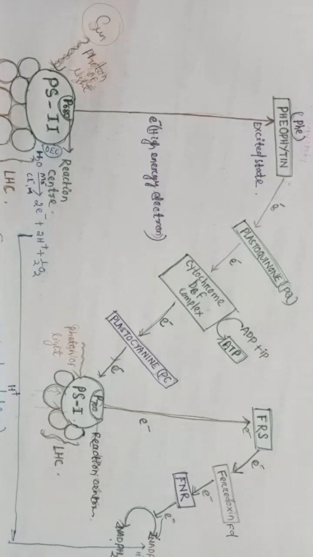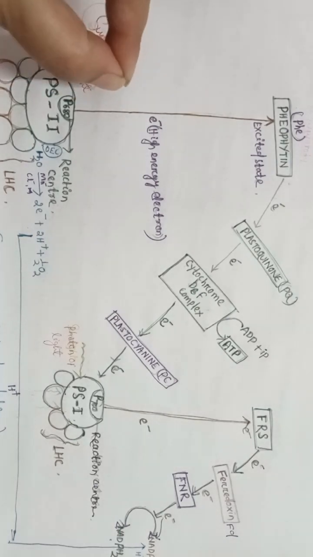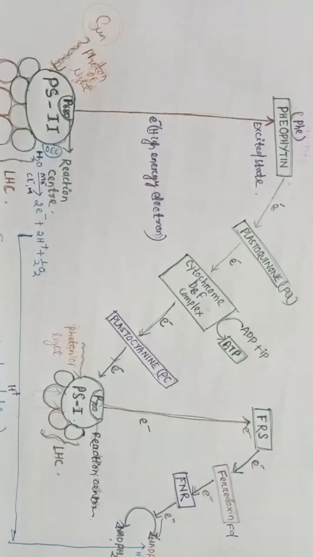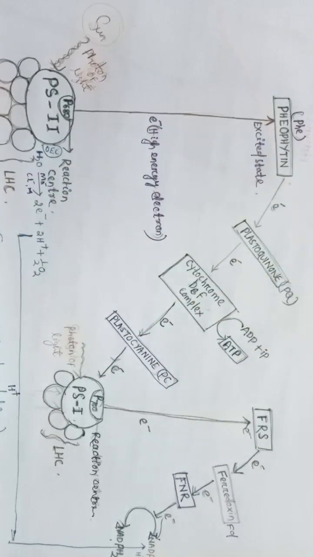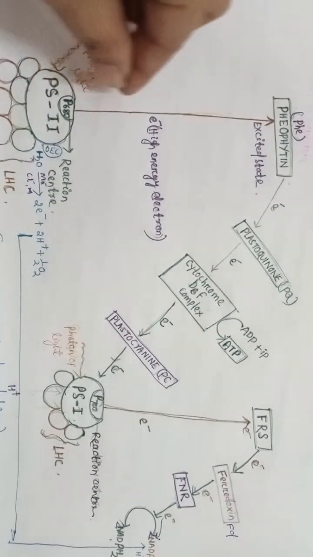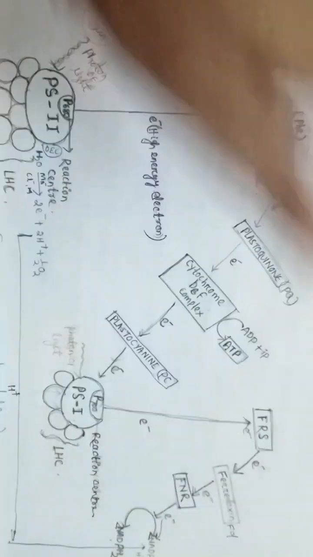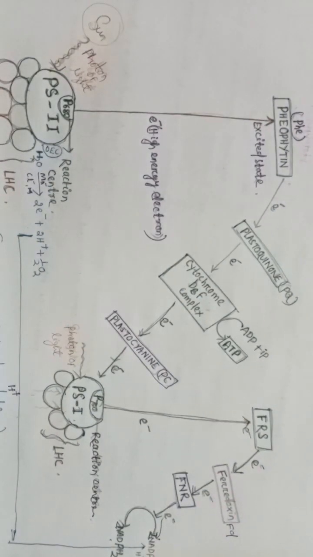So, can we discuss the Z scheme? Why is it named as Z scheme? Whenever we see the flow of electron, it is formed like Z. This is the Z scheme.